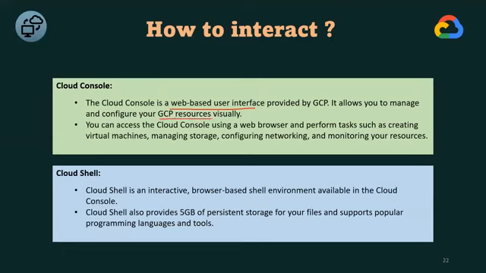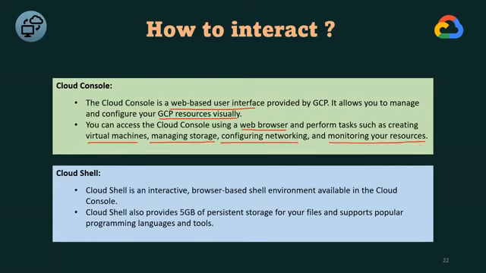Whenever you want to interact with GCP resources visually, you have the Cloud Console. You can access it using a web browser and perform tasks such as creating a virtual machine, managing storage, configuring the network, or monitoring your resources.